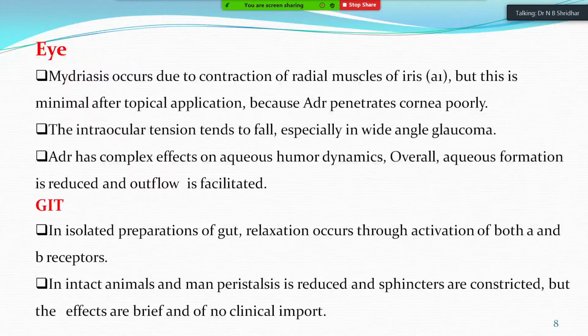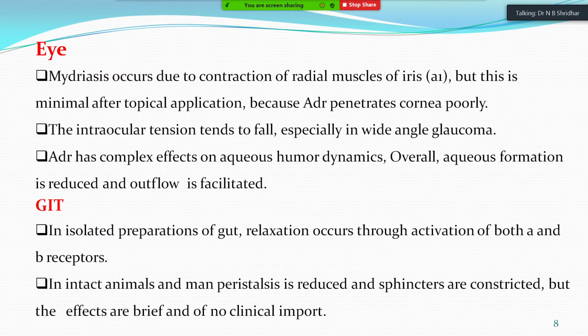Now the eye. What happens if you administer adrenaline, or in a fight or flight reflex, when the animal suddenly faces some unwanted situation? Mydriasis occurs, meaning pupillary dilatation occurs due to the contraction of the radial muscle of the iris, which is due to alpha 1 stimulation, but this is minimal after topical application because adrenaline penetrates the cornea poorly.